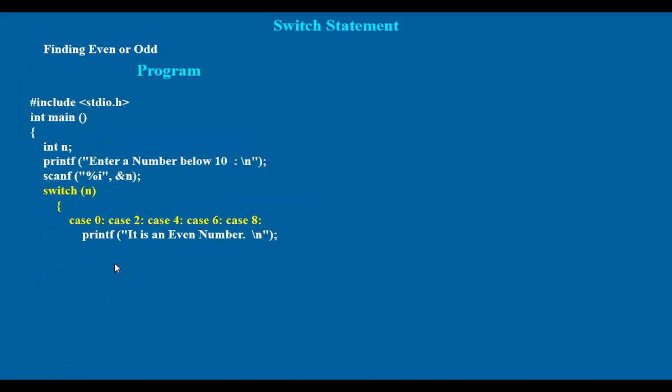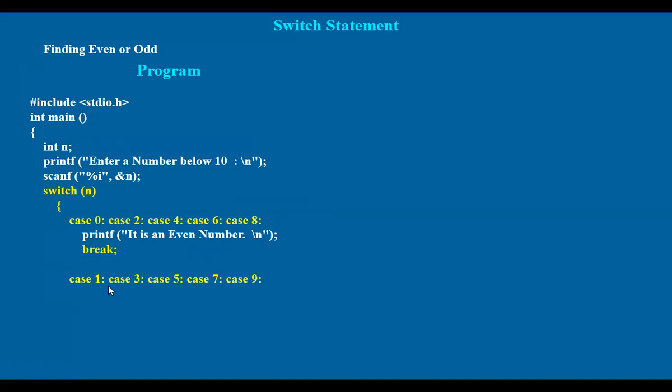But here, you can combine all these. If you have common statements, you can write all of them here itself, but the different cases should be mentioned. If the value of n is 0, 2, 4, 6 or 8, it executes these statements and breaks.